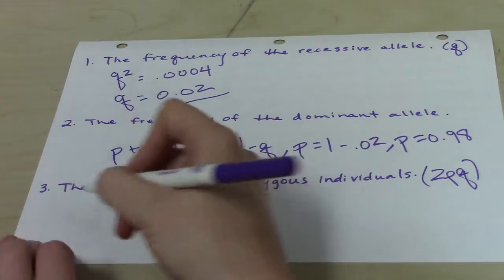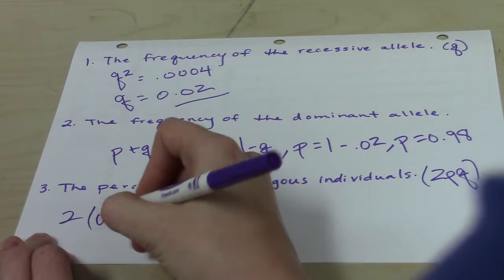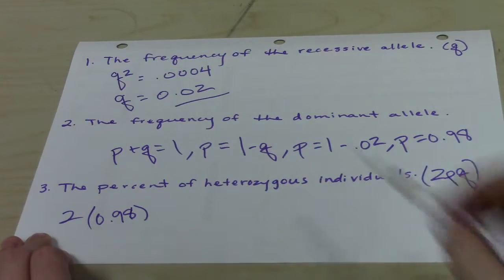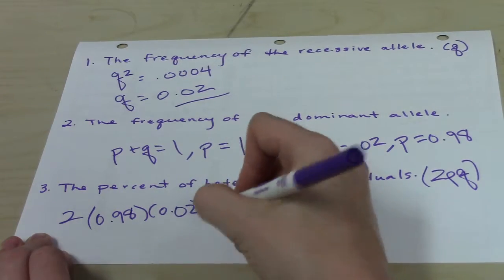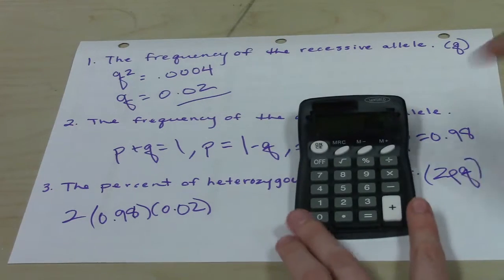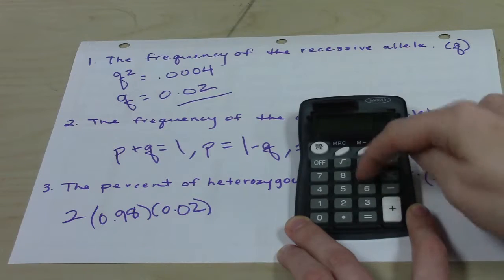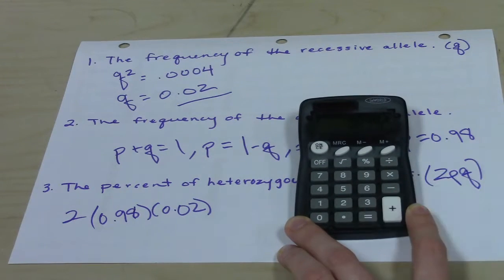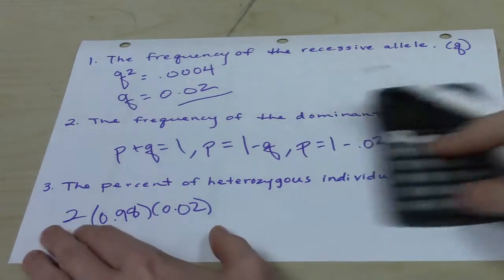So we use 2 times p, 0.98, times q, 0.02, and we're just going to use our calculator here to do 2 times 0.98 times 0.02, and that tells us it's 0.04.